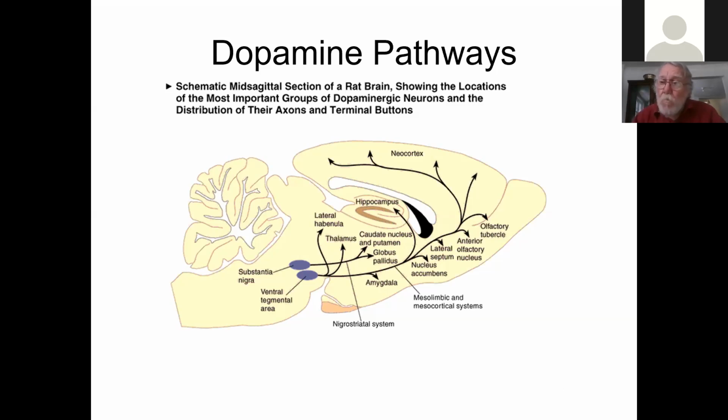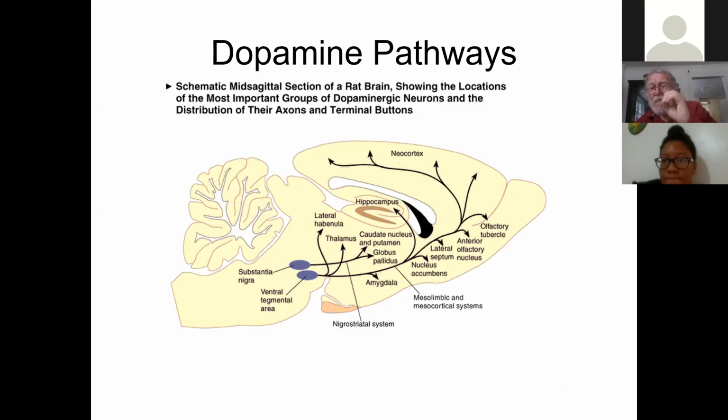So the dopamine that's released here goes through the hypothalamo-hypophyseal portal system into the anterior pituitary. And what it acts on are cells that are able to release the hormone prolactin.